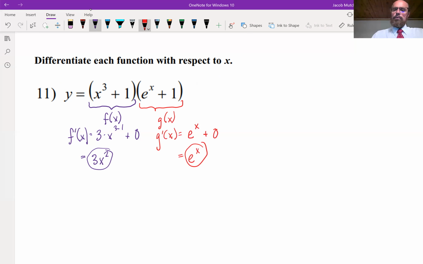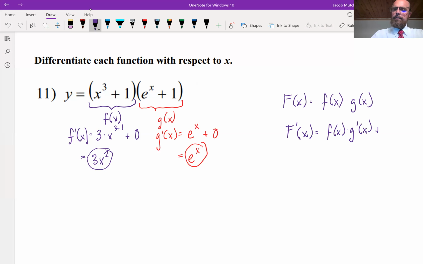Let's get our rule one last time here. So if I've got a big function, f of x, that is the product of two smaller functions, then its derivative is the original f times the derivative of g plus the derivative of f times the original g, og. So then let's fill in again.